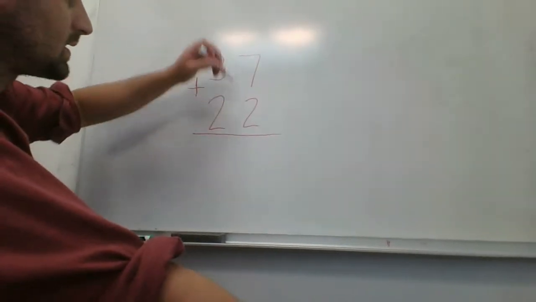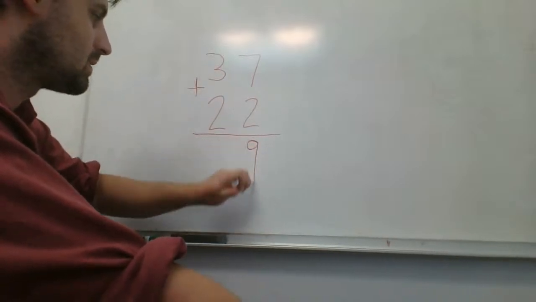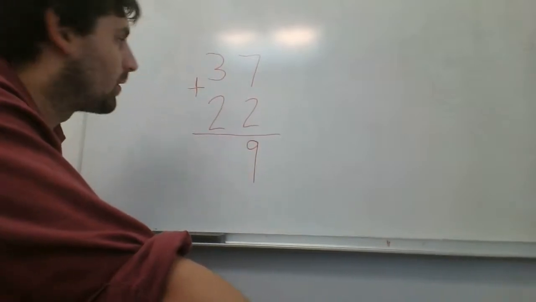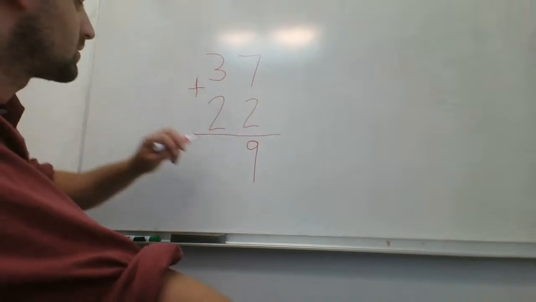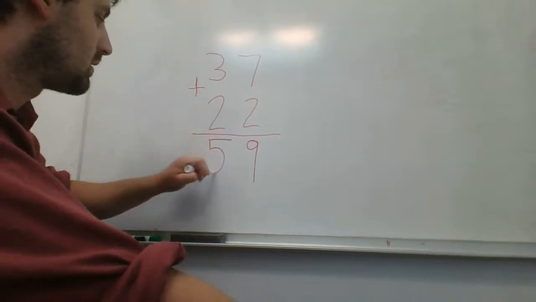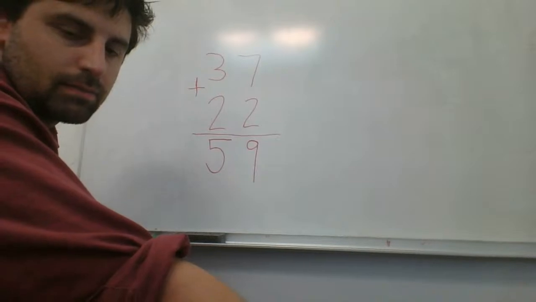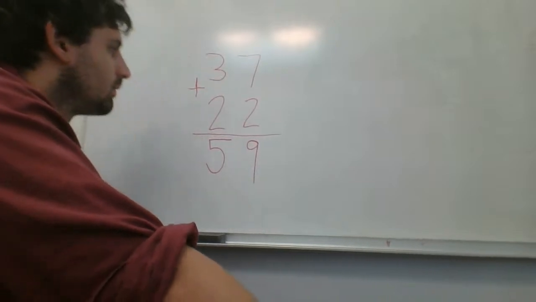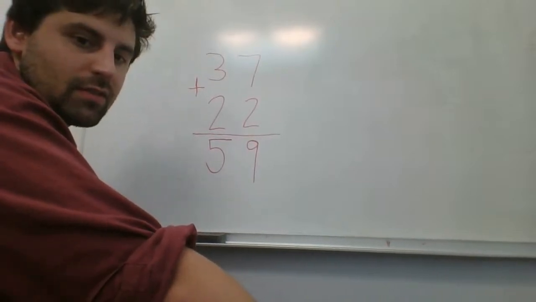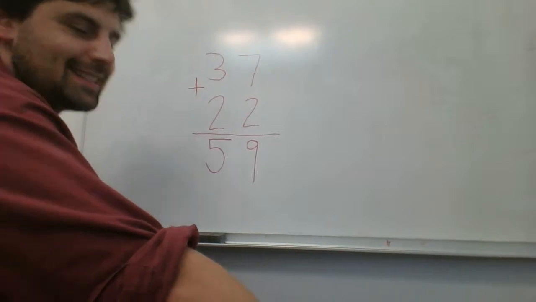We start with the ones place. 7 plus 2 equals 9. Now going to the tens place. 3 plus 2 equals 5. And we have our final answer. 37 plus 22 equals 59.